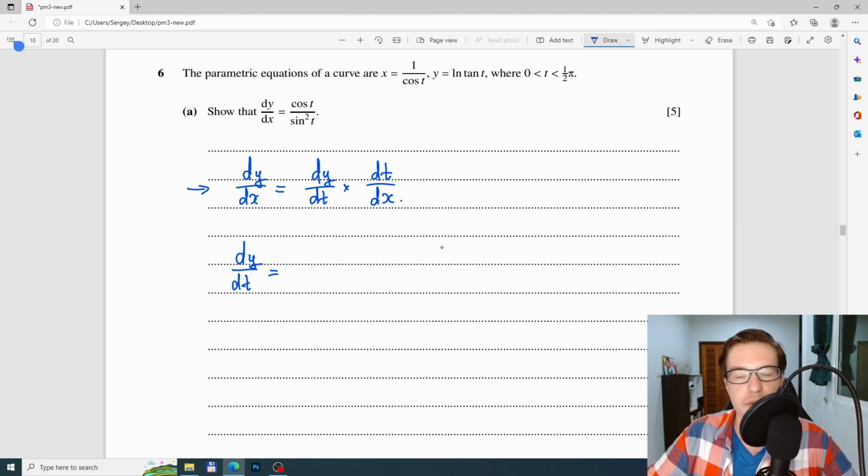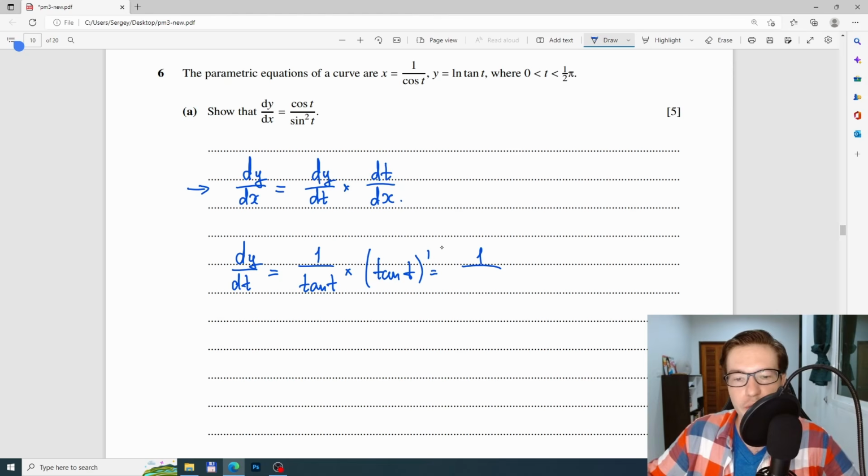So y equals natural log of tangent t. That means I will have to use the chain rule. Okay, so the derivative is 1 over tangent t times the derivative of the inside function, which is tangent t.